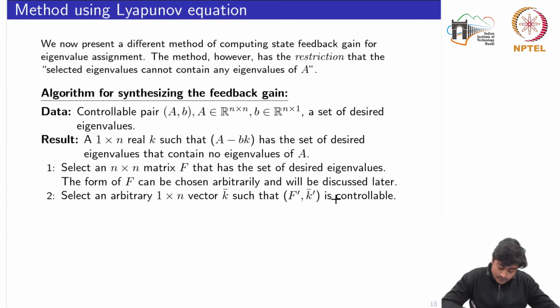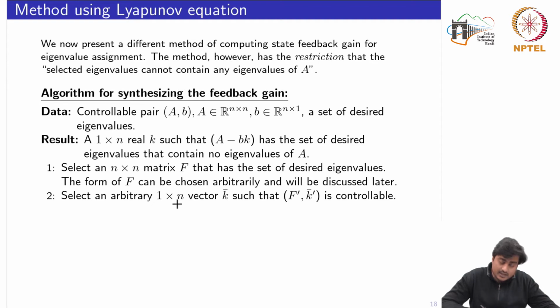Now if you recall in the last algorithm, based on the information of the coefficients of the characteristic polynomial of the A matrix and of the set of desired eigenvalues, we pre-specified this k bar. Here we have some freedom: once we have a set of desired eigenvalues, first of all the form of the F matrix could be anything such that it has those eigenvalues.